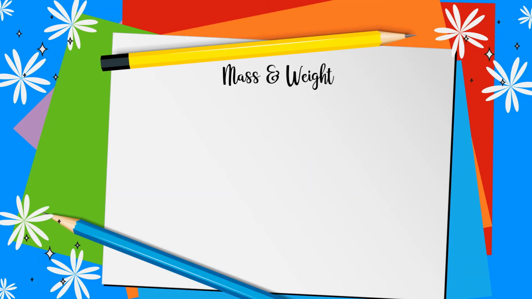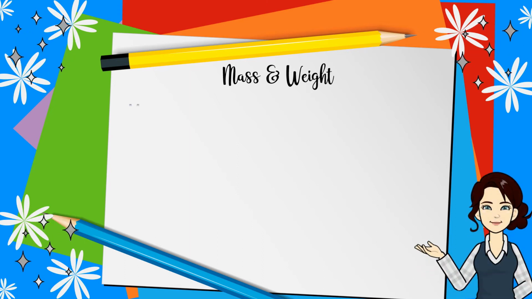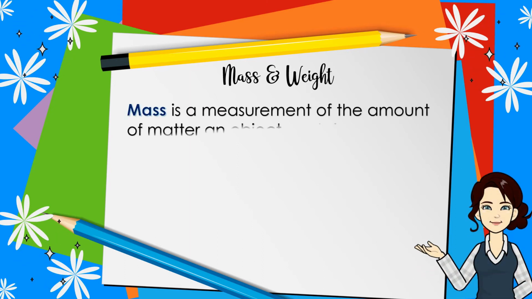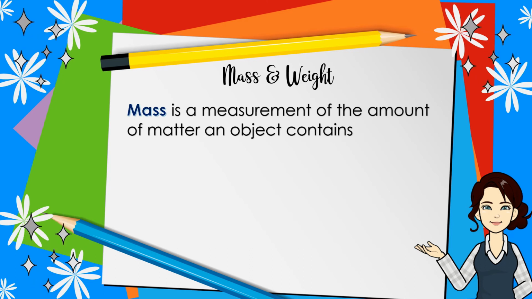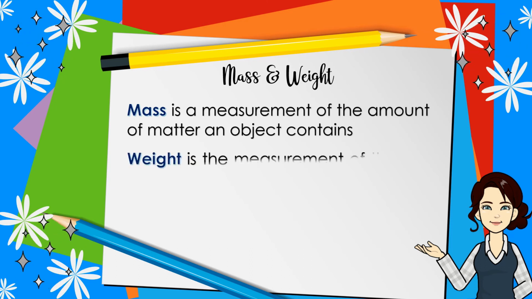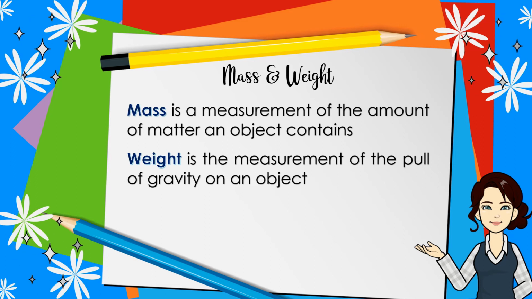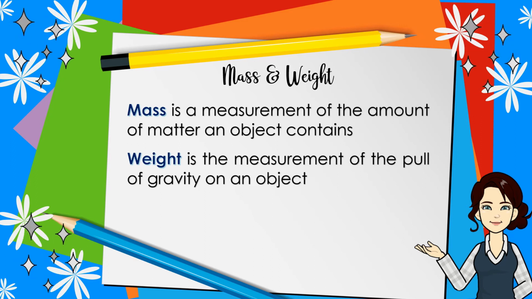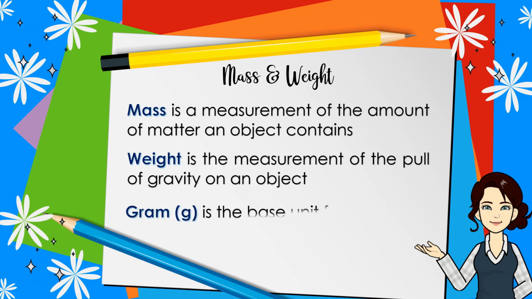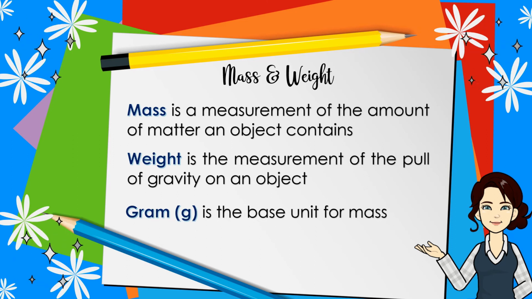Let's talk about mass and weight. What do we mean when we say mass? Mass is the measurement of the amount of matter an object contains, while weight is the measurement of the pull of gravity on an object. And gram, abbreviated as small letter g, is the base unit for mass in the metric system.